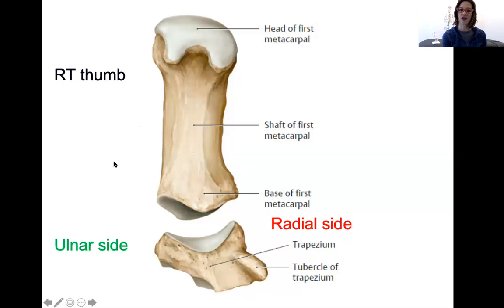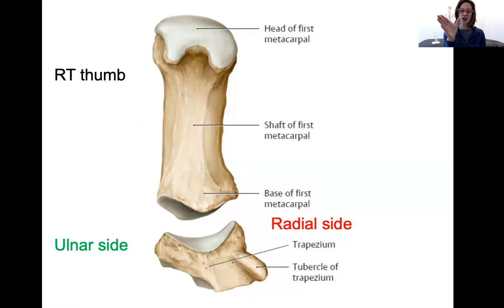And same thing for the thumb. We're going to make reference to the radial and ulnar sides of the thumb itself. So if I take my thumb and I look at it, this is going to be the dorsal surface, the side with my thumbnail. And this will be the palmar surface.